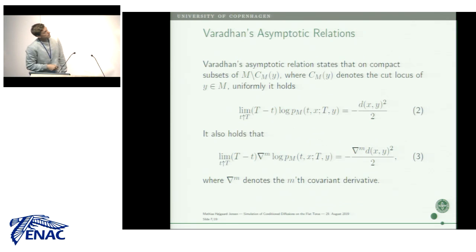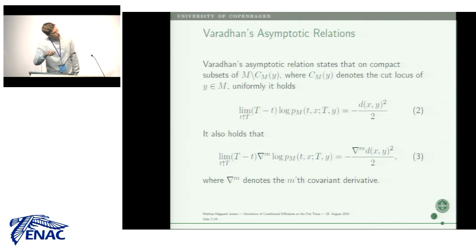So our intuition was, we want to do it in cases where we don't know the transition density, when it's intractable. This is to review a result of Varadhan, who says that on compact sets away from the cut locus, we have uniform convergence of the logarithmic heat kernel in this sense towards the squared distance function. And similarly, it holds for all the mth covariant derivatives of this. We have the same kind of convergence.